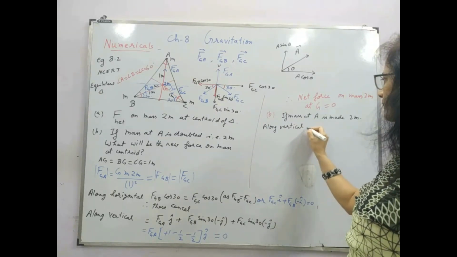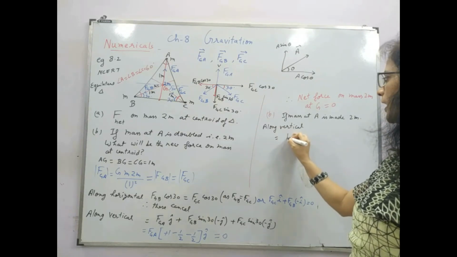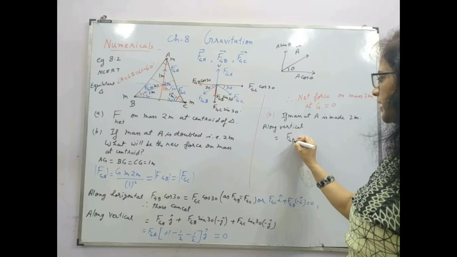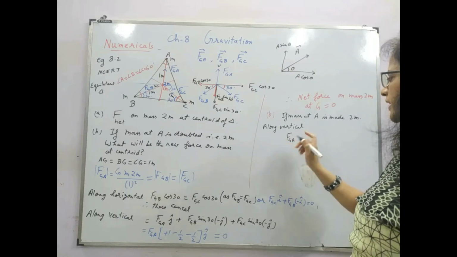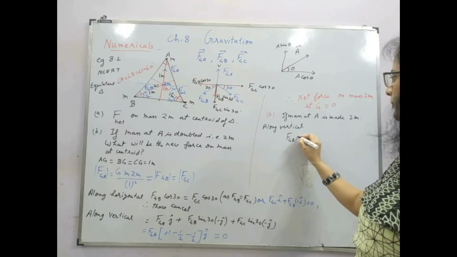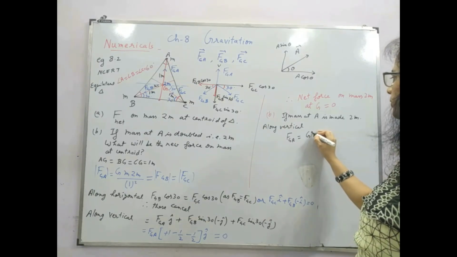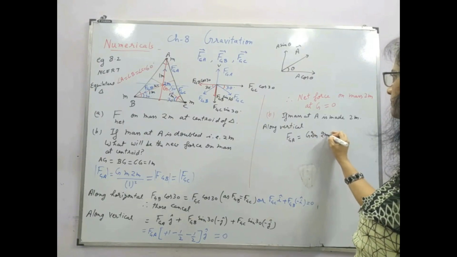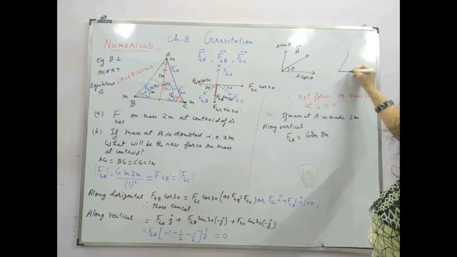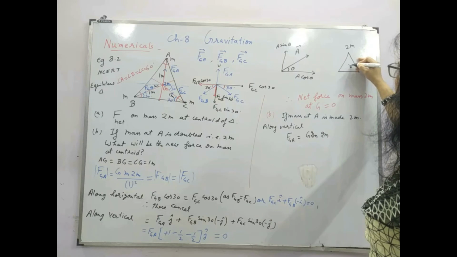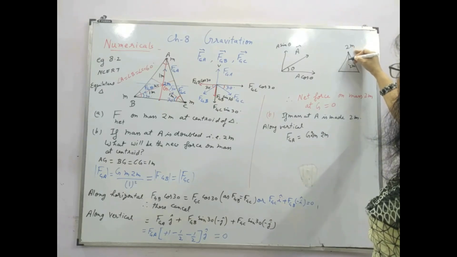This will be F on G due to A. Let's find FGA. Value will be G M 2m into 2m, because now the mass at A is also 2m and here also 2m, right?